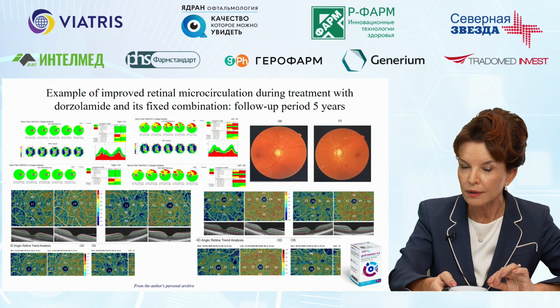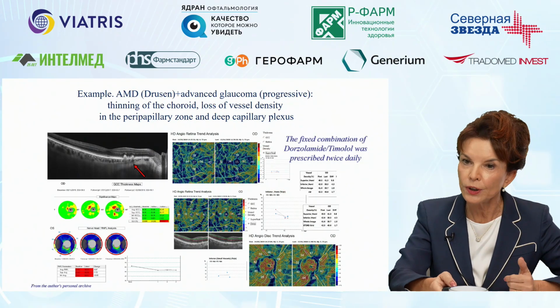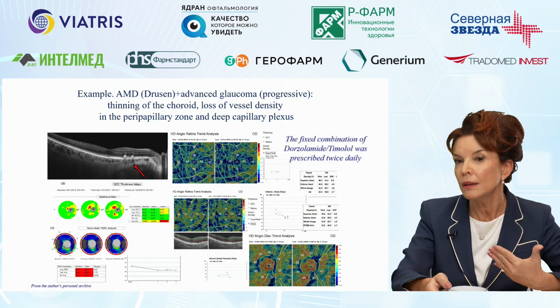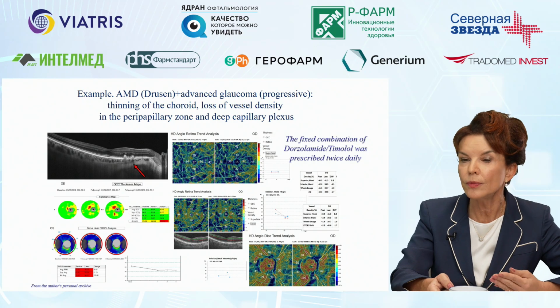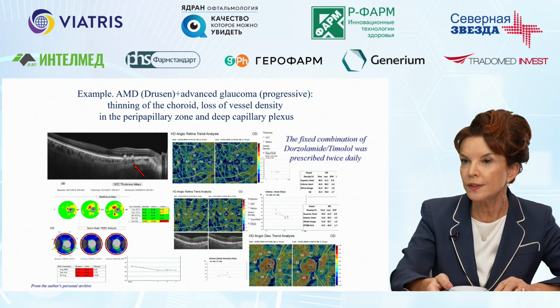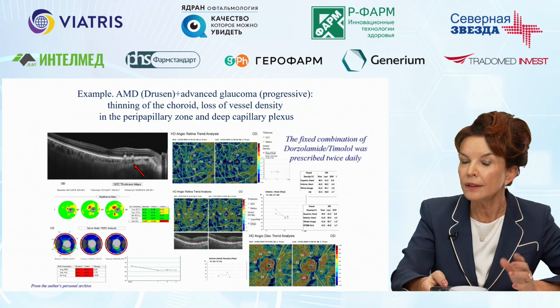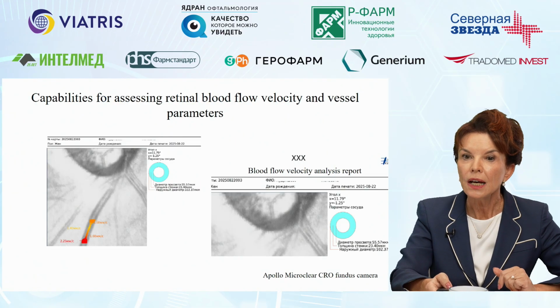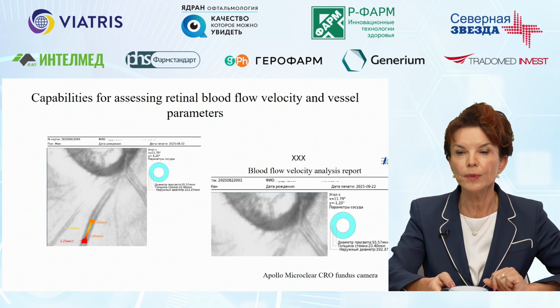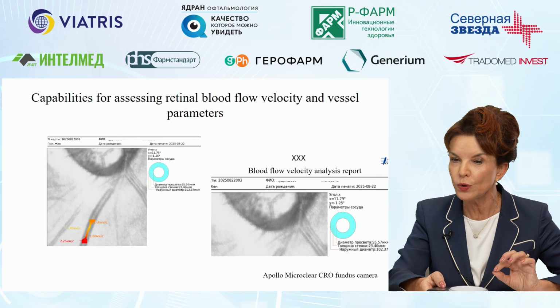So there was no progression of disease, and what is important, the blood flow hasn't gotten worse, as CT angiography shows us. And this is an example of a combined disease. You can see AMD and glaucoma, and again, in this case, this particular drug should be recommended, dorzolamide, timolol.